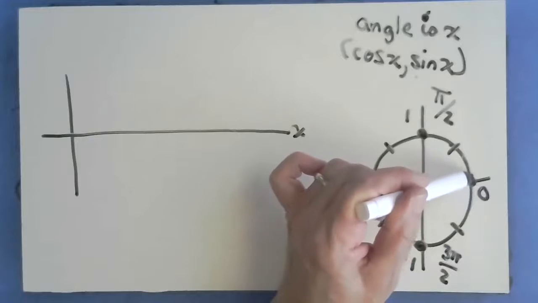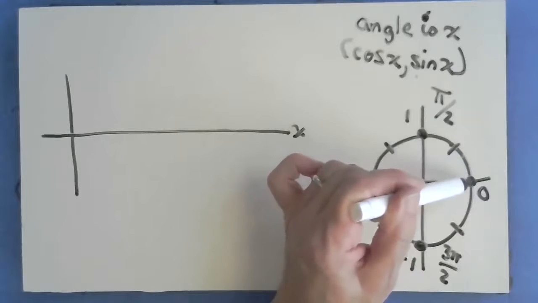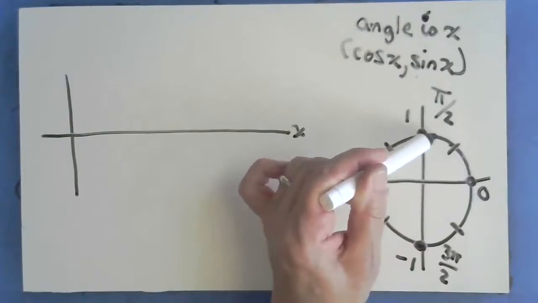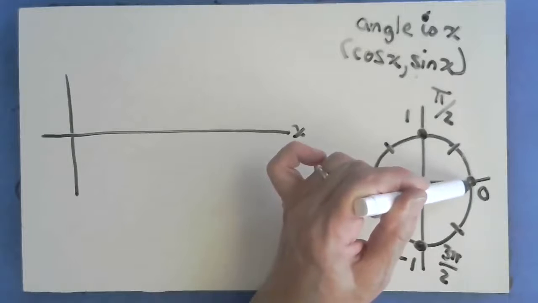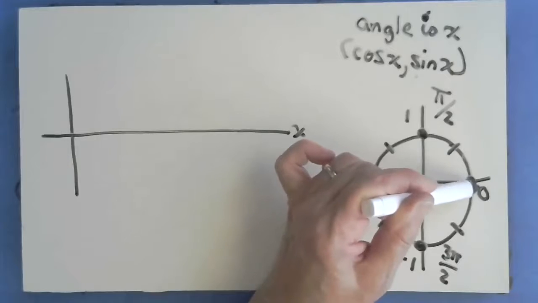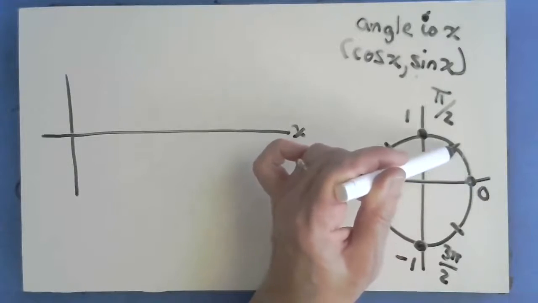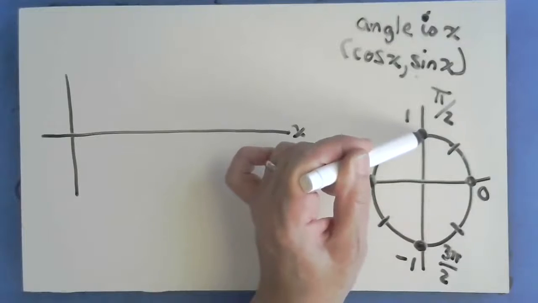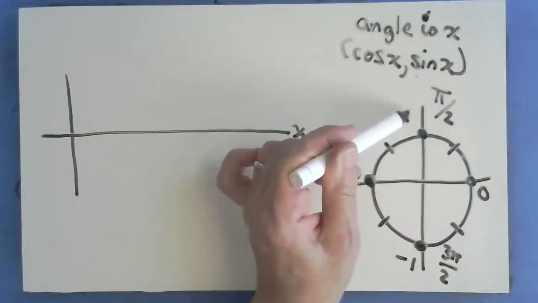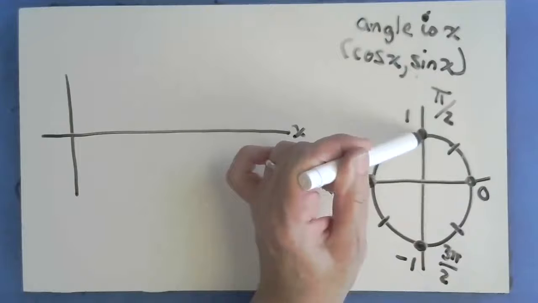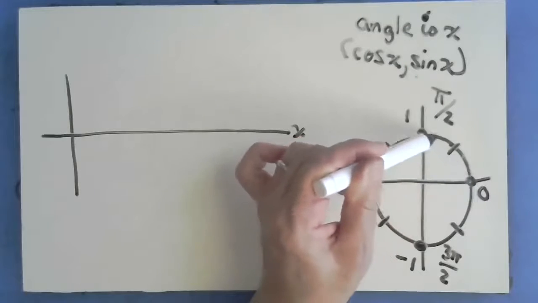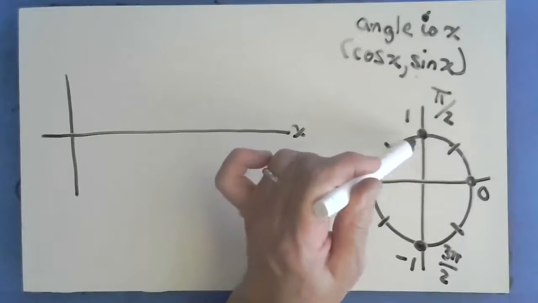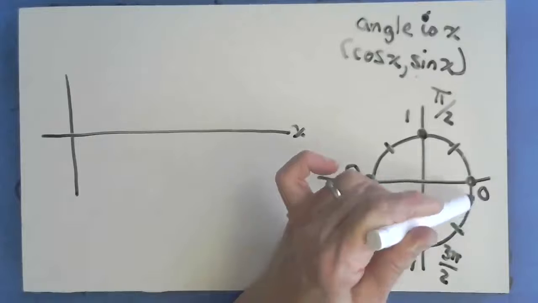And as we move along, say we're strolling along the circle, then we go through all the angles. This angle is 0 radians, and would go up through pi over 4 radians, and we go up here to pi over 2 radians, and when we get to that, we'll have the y value of 1. And so that's meandering through quadrant 1, and we'll continue to do that through the 4 quadrants.